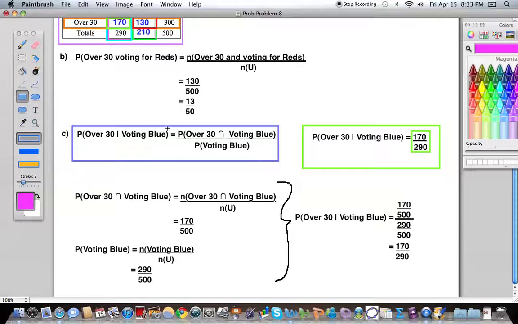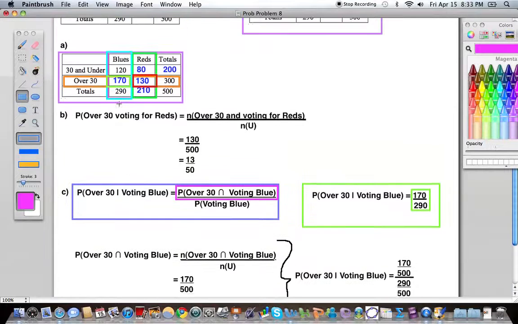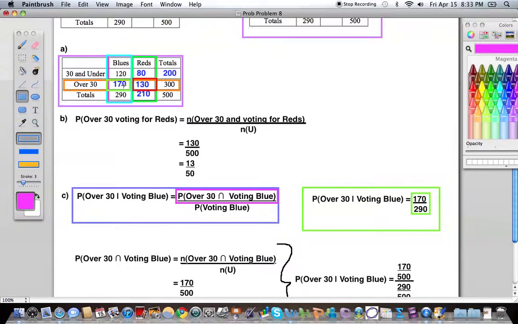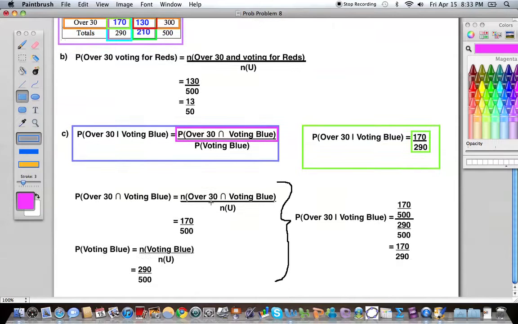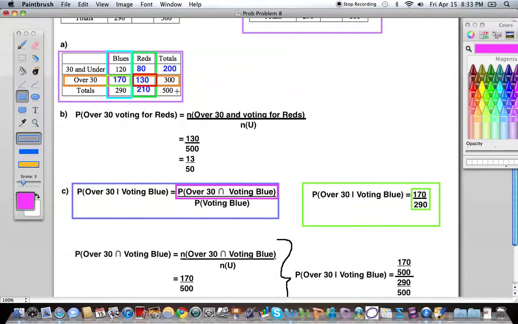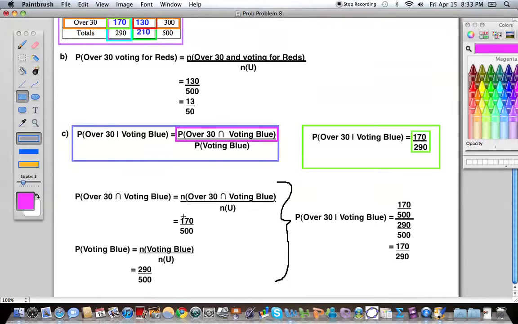Color code this. Say, all right, let's find the probability that someone's over 30 and voting blue. Well, we see up here, someone over 30 and voting blue, 170. So the number of people who were over 30 and voting blue is 170 divided by a total population, which again is 500. 170 divided by 500.